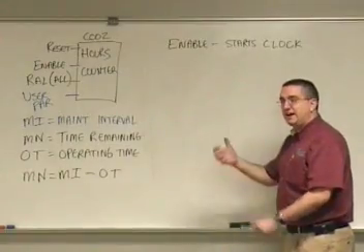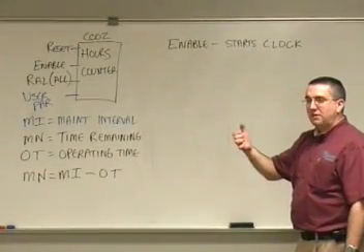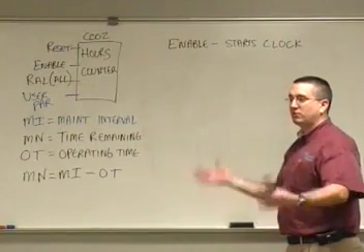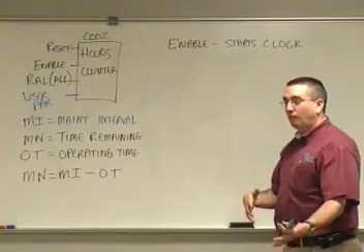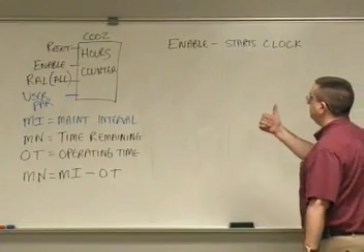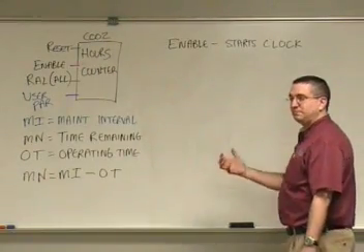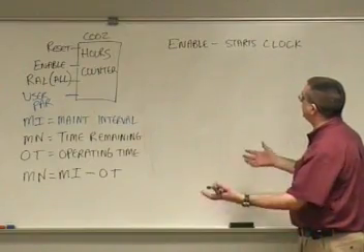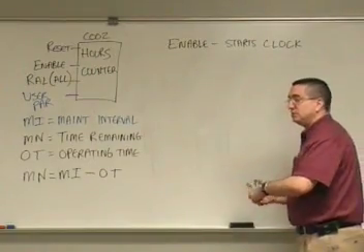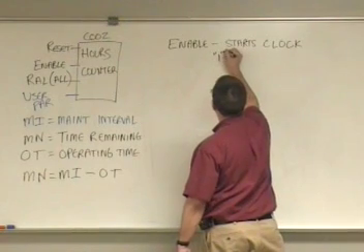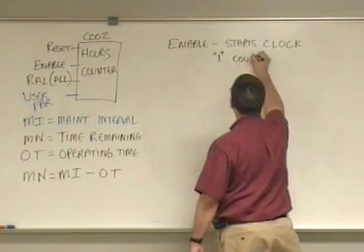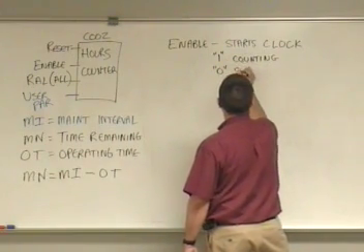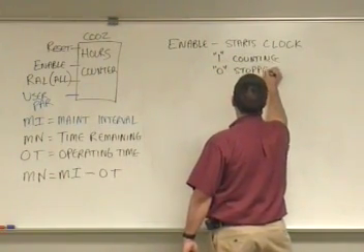It's like the start-stop button on your stopwatch, except this stopwatch only works in hours. So with the start-stop, I start counting hours. That's what enable does. When the enable is true, it's counting. If the enable is a 1, it's counting hours, and when the enable is a 0, it stops.